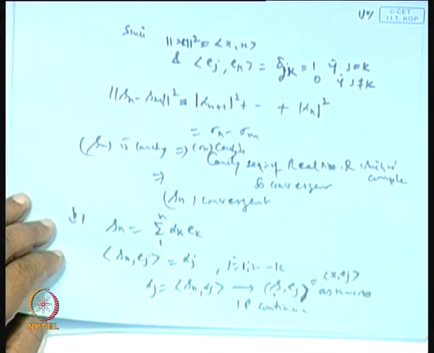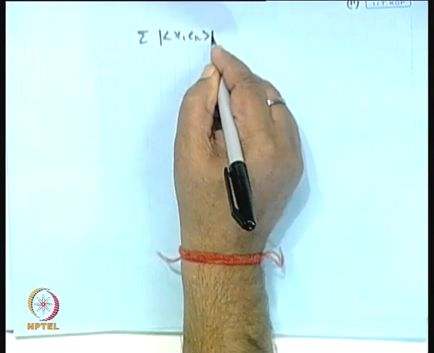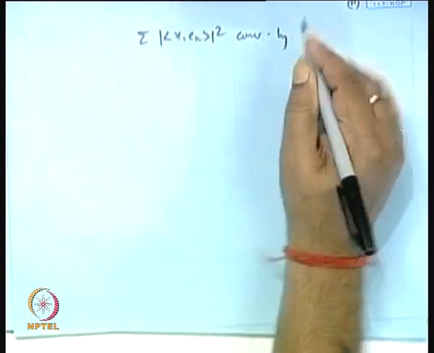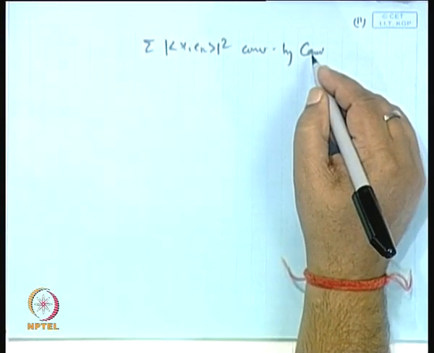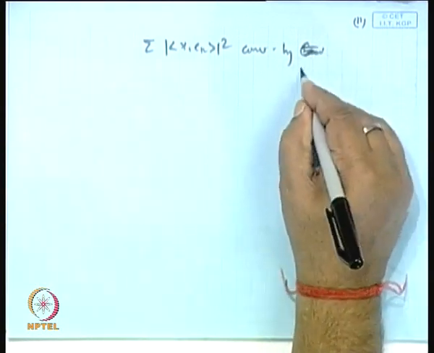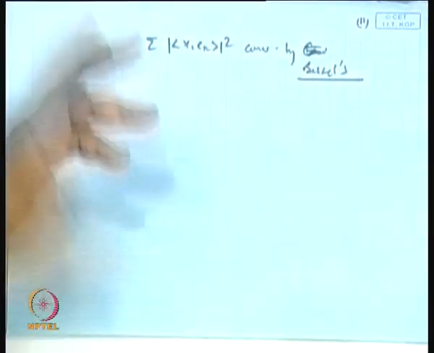If the series converges, then sigma of mod alpha squared is convergent. What is this sigma? Sigma of mod inner product of x with e_k squared is convergent by Cauchy-Schwarz inequality. Oh, sorry, by Bessel's inequality. Okay, thank you.